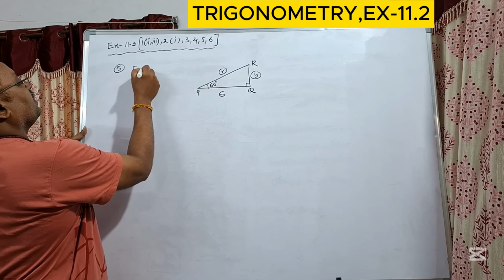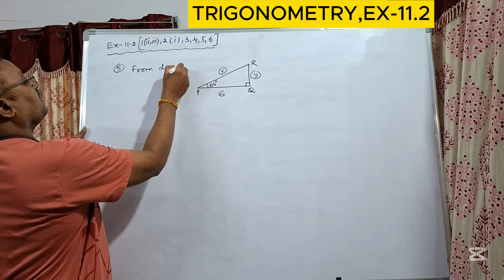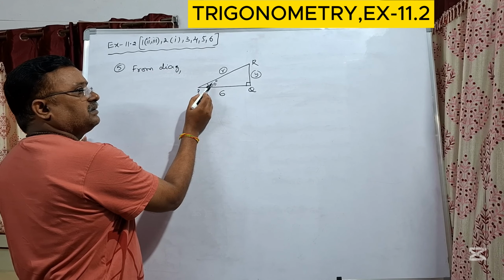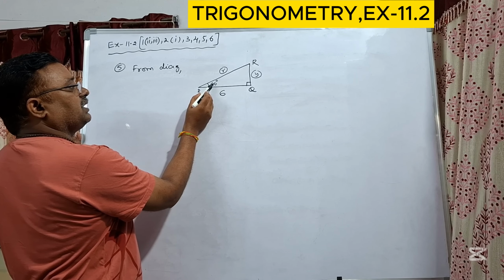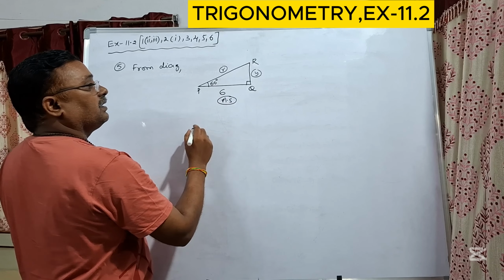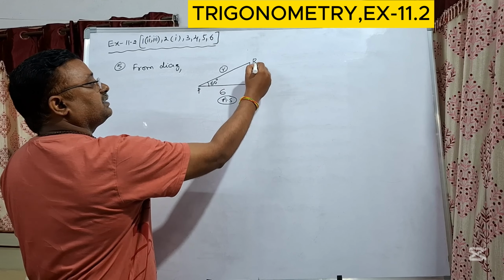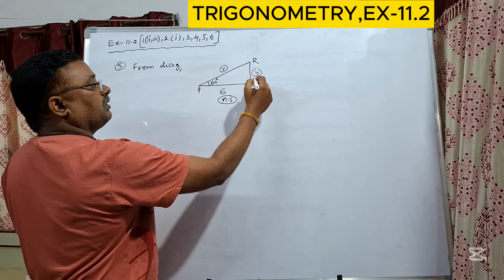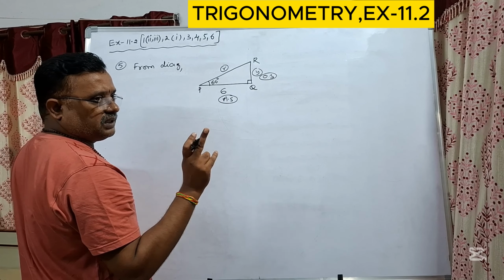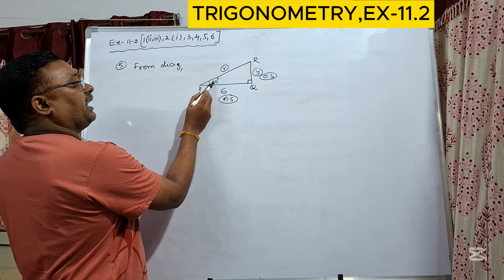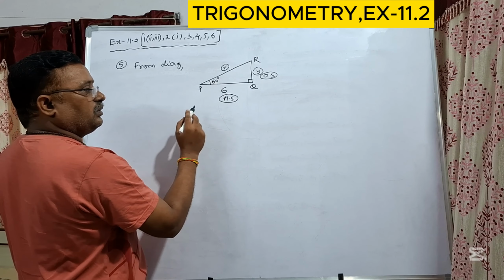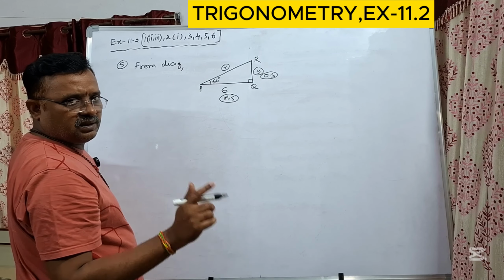From the data or from the diagram, you see I have the angle 60 degrees. Related to that angle, I have the adjacent side. If I want to find this Y value or QR value, it will become the opposite side. So listen carefully. I know the angle of a right angle triangle and that angle's adjacent side, I want the opposite side. Got it?